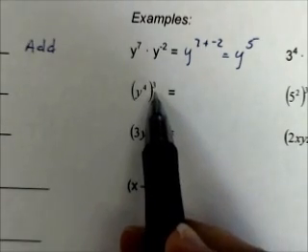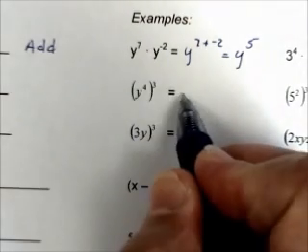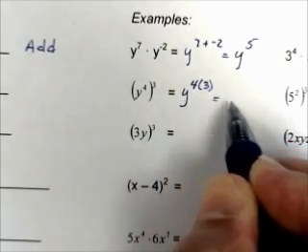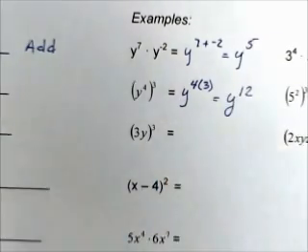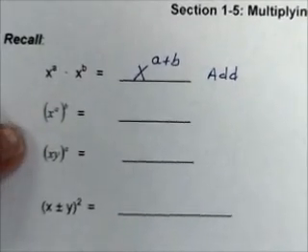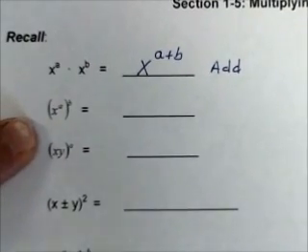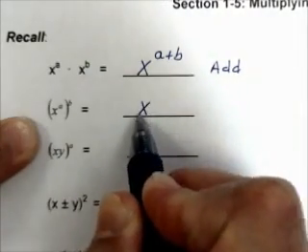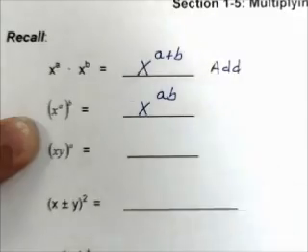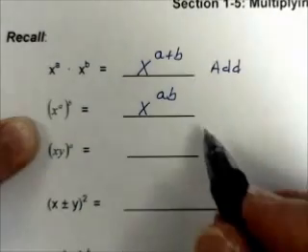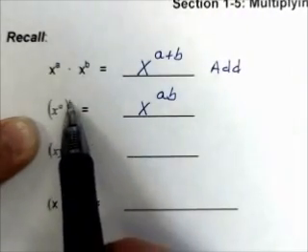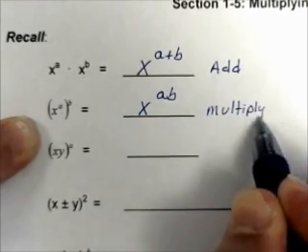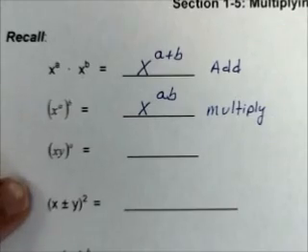Y to the 4th raised to the 3rd would be equal to y to the 4 times 3, which is y to the 12th. So in general, x to the a raised to the b power, you multiply and get x to the ab, meaning a times b. So when you have a power raised to a power, the rule is to multiply the exponents.